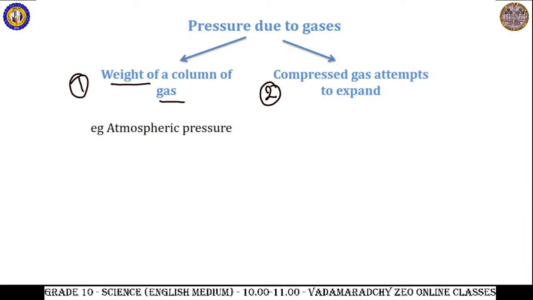By two ways the pressure is exerted by gases. First one is due to the weight of the gas column. Second one is when a compressed gas attempts to expand, it creates a pressure.